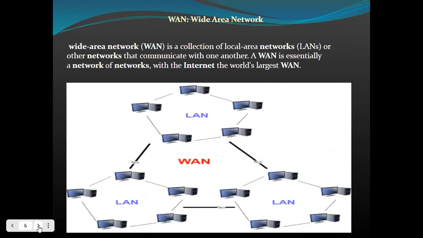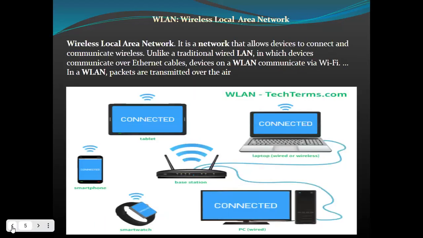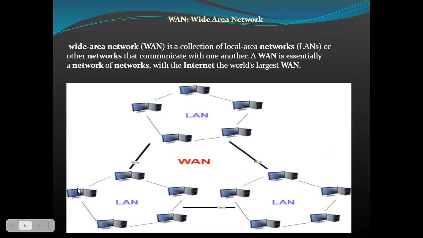So we have WAN, which is actually a wide area network. What does that mean? It has a wider coverage than the previous network. WLAN is for one specific area, and this is for a wider range. So this can take a little bit more extended area.